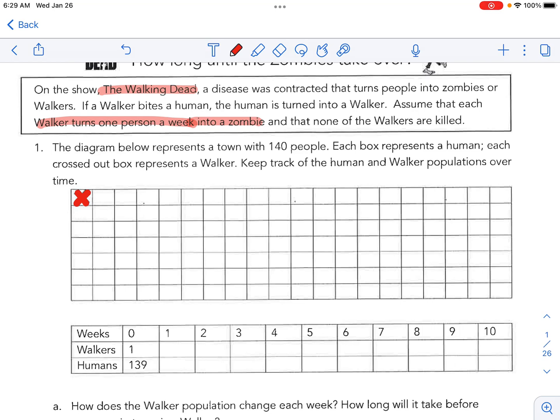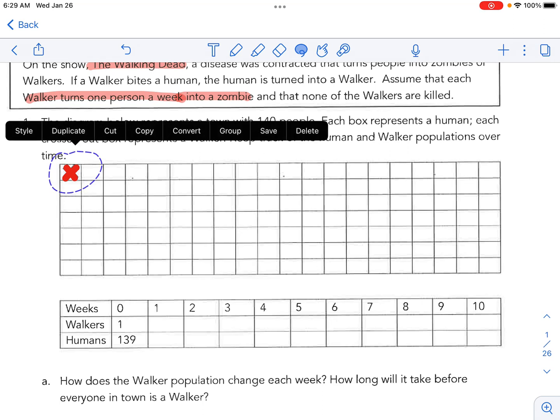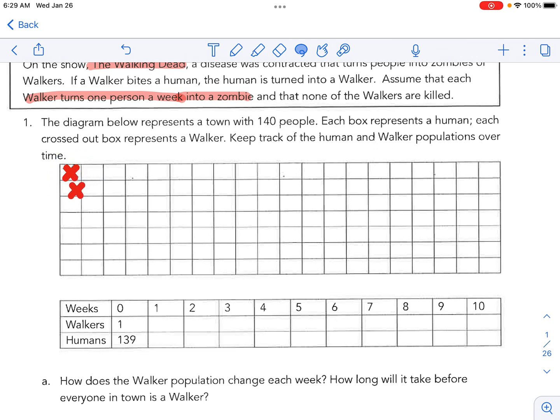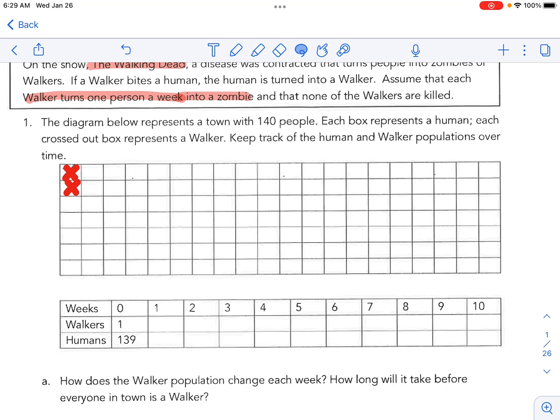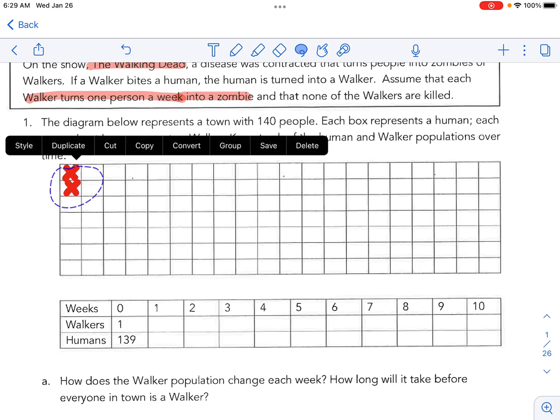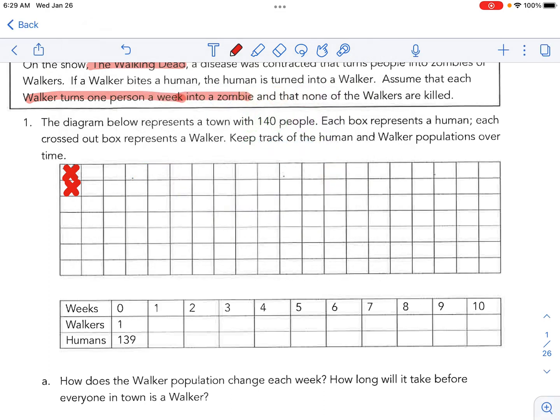So when we start out, we just have that single zombie in the population of 140. And then that week, that zombie bites another person. And now we have two zombies. So after that first week, we now have two walkers or two zombies.